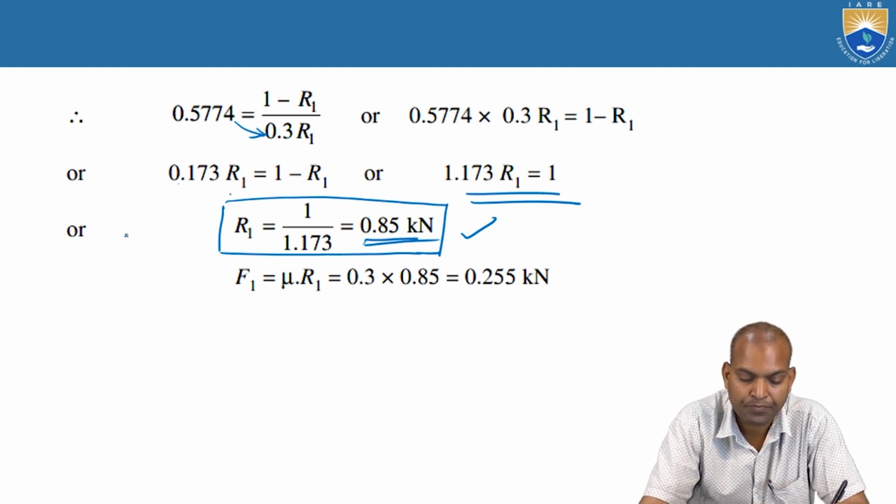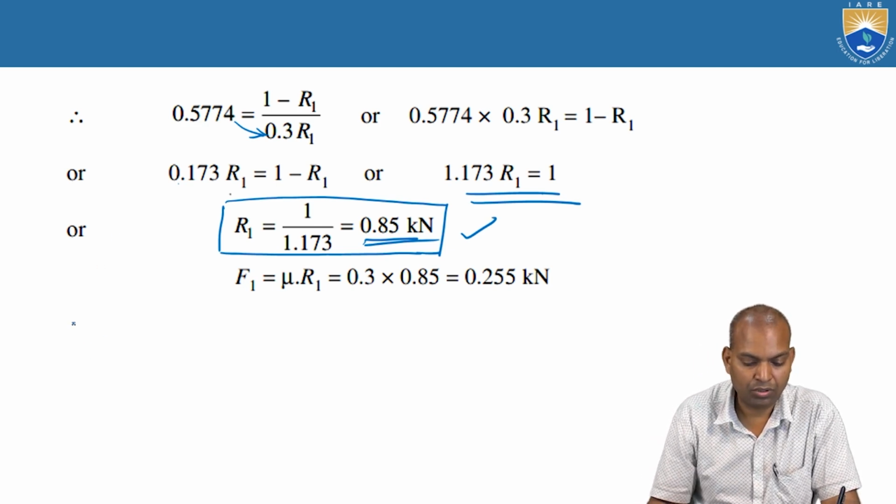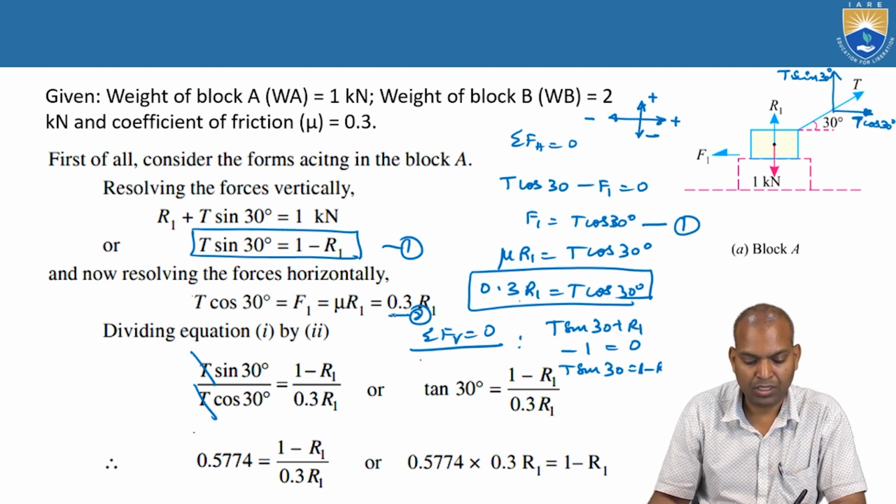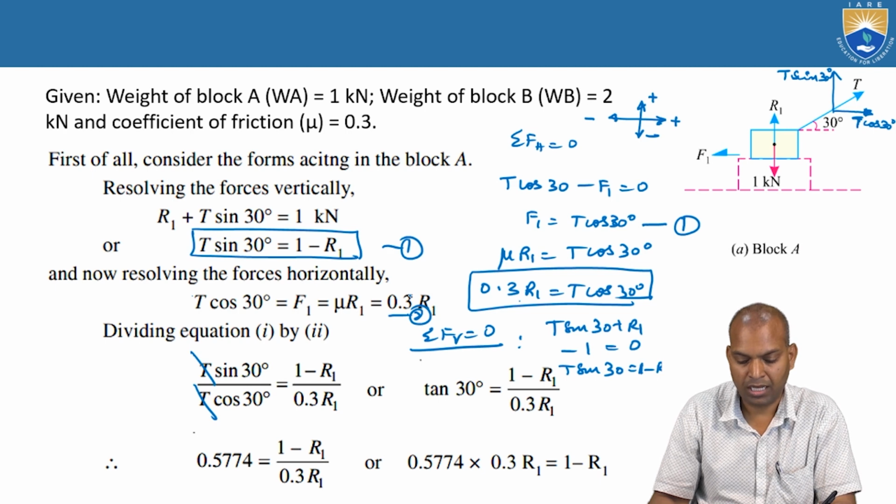That is R1. Now substitute into T cos 30 equal to 0.3 times R1.